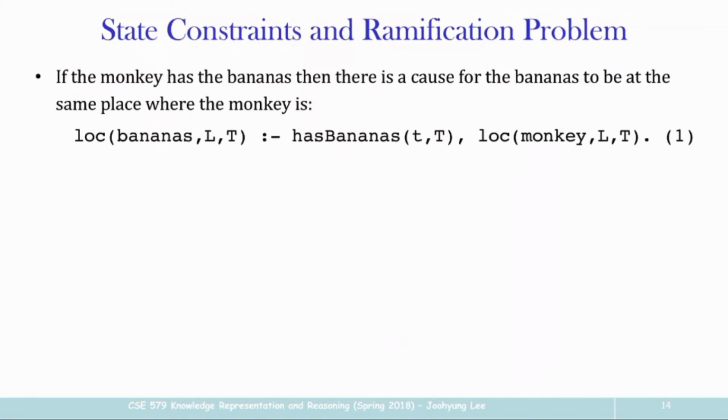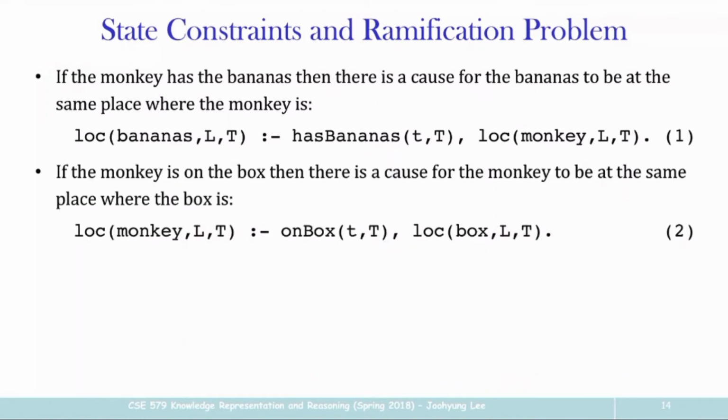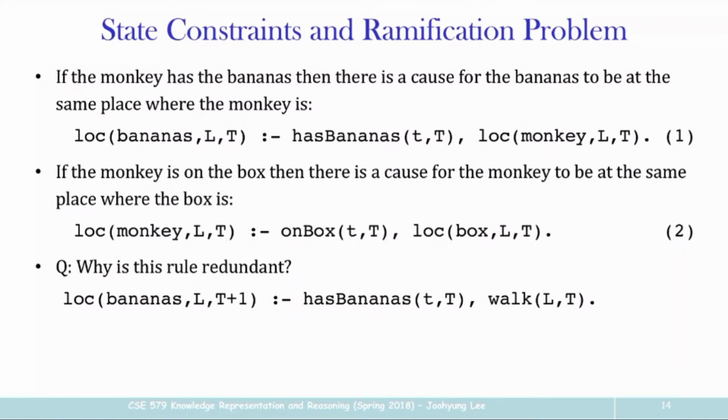Okay, so let's think about the state constraint. We look at this rule that a monkey having the bananas determines the location of bananas, and we also look at this one. So when the monkey walks to another location while it has the bananas, then the bananas' location also changes.